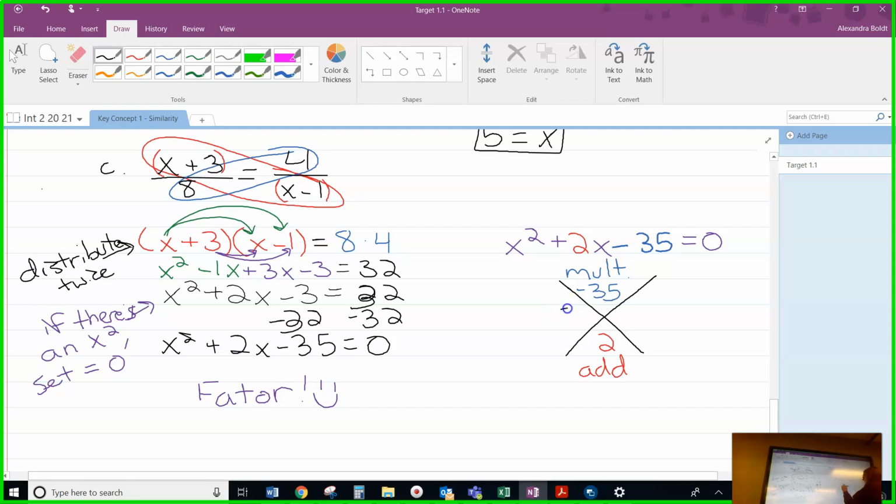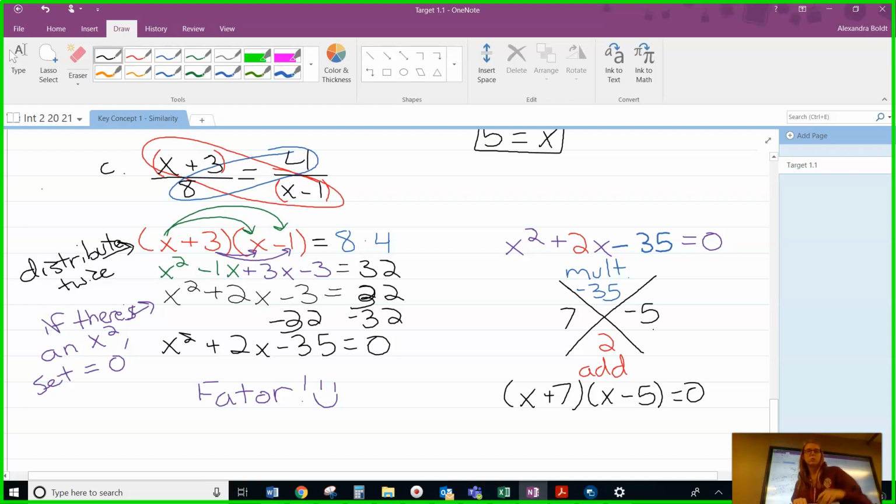Okay? So I'm looking for two numbers that multiply to negative 35 and add to 2. I know that 7 and negative 5 work. Okay, these numbers you just start seeing. 7 times negative 5 is negative 35, and 7 plus negative 5 is 2. So I take those two numbers and I get x plus 7 and x minus 5 equals 0.